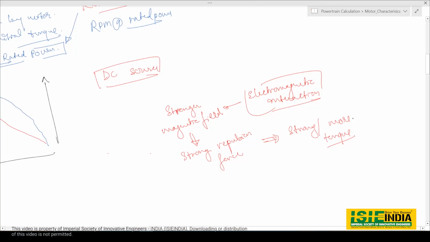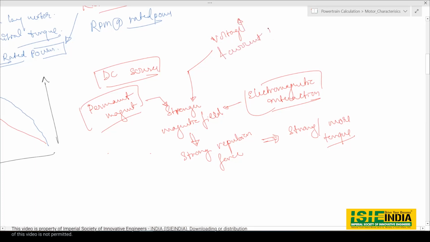Now how can you get that strong magnetic field? So there are two methods. When we are using a permanent magnet, right, so either you use a permanent magnet which already has a stronger magnetic field, right, and then while the motor is running, during that time you can manipulate voltage and current.